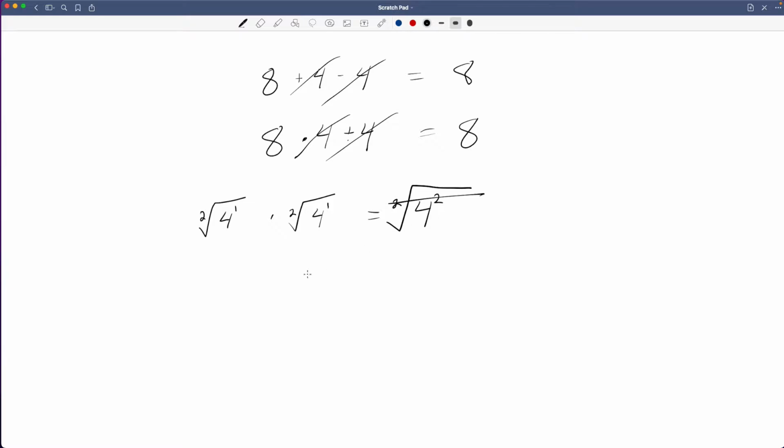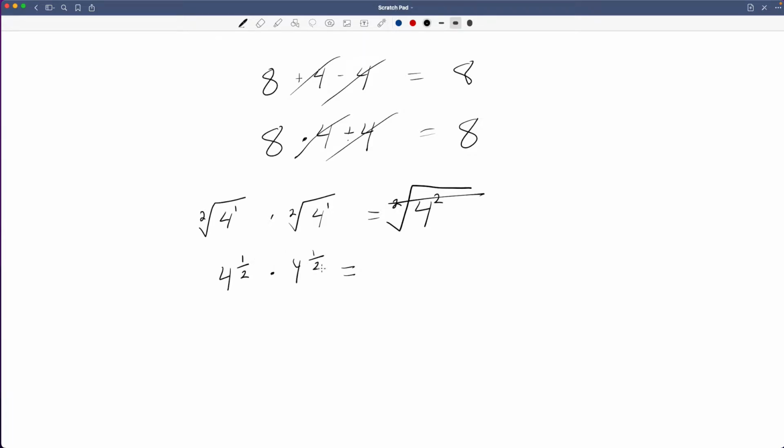I could further illustrate that by using the fractional exponent. The fractional exponent here, we put the exponent of the number over the index of the radical, right? The exponent of the number over the index of the radical. Well, we know when we multiply two like bases, we add the exponents together.